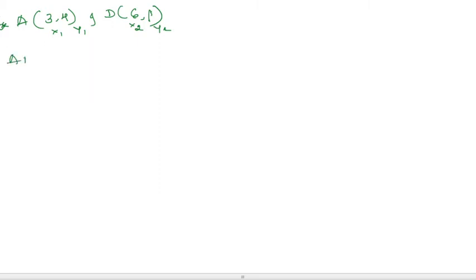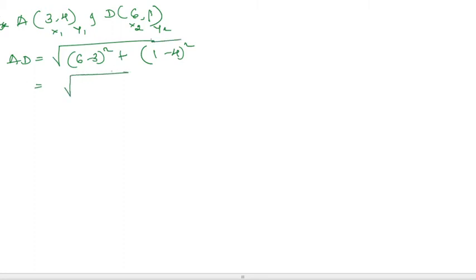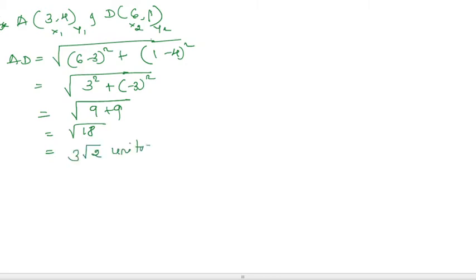AD is equal to, by the formula, square root of (6 minus 3) square plus (1 minus 4) square. Again you will get 6 minus 3 is 3 square plus minus 3 bracket square, which is equal to 9 plus 9, which is root 18, and 18 can be written as 9 into 2. It is 3 root 2 units. So, here the AD value is the same.